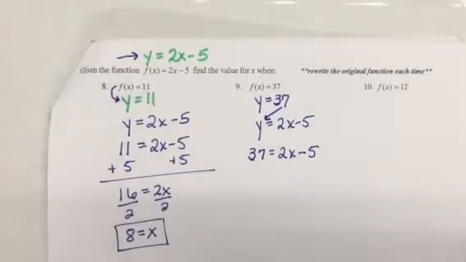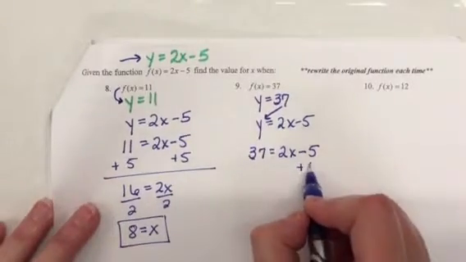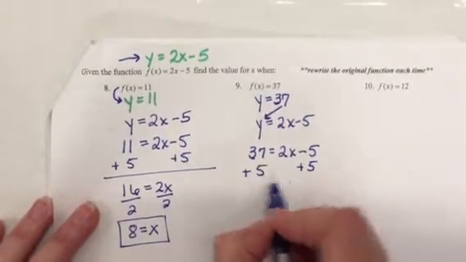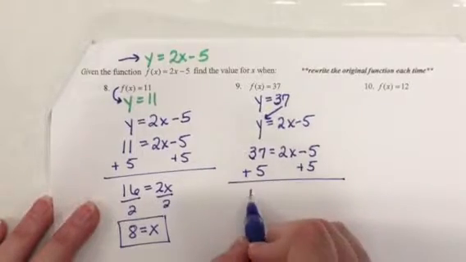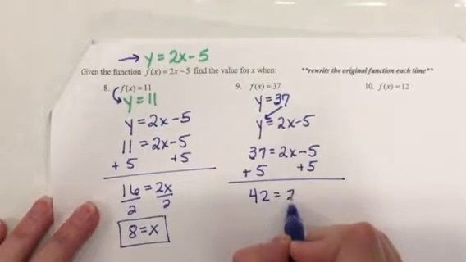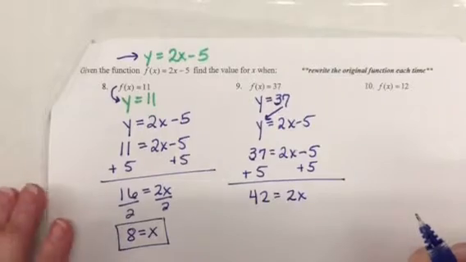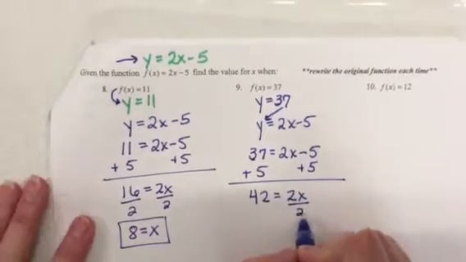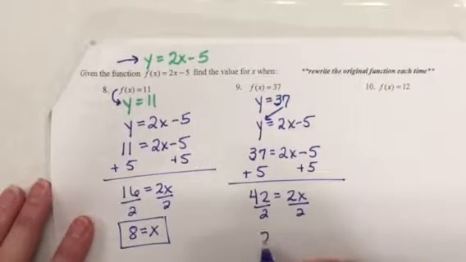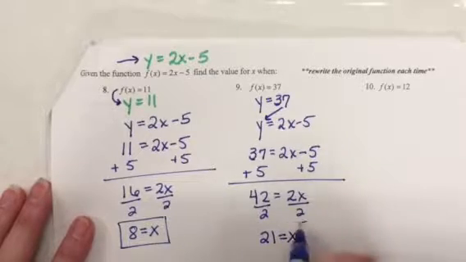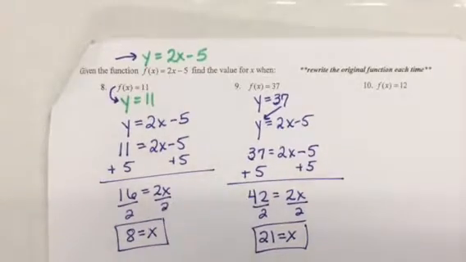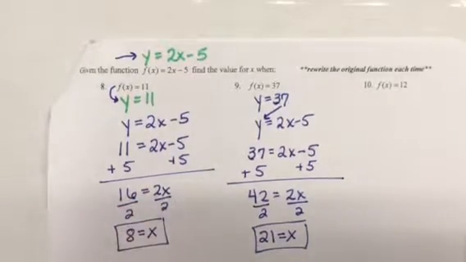So now I can add 5 to both sides. And then when I do that, I've got 42 is equal to 2x. Don't forget, you've got your calculator there if you need it. Divide by 2. And 21 is equal to x. And I have solved for x. Okay? So that's all you have to do.